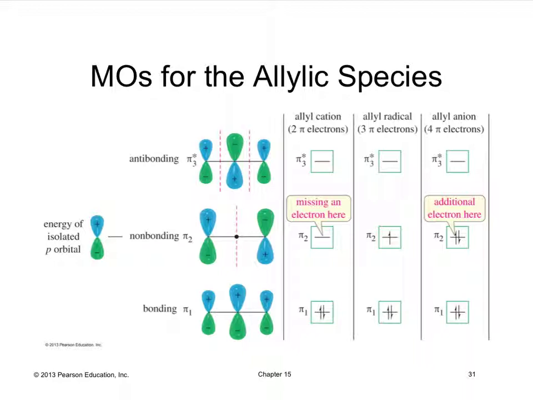In the case of the allyl anion, you have 2 electrons and another electron added over here, residing at the non-bonding state. In all cases, the pi star antibonding doesn't have any electrons. So this ends the first part of chapter 15.